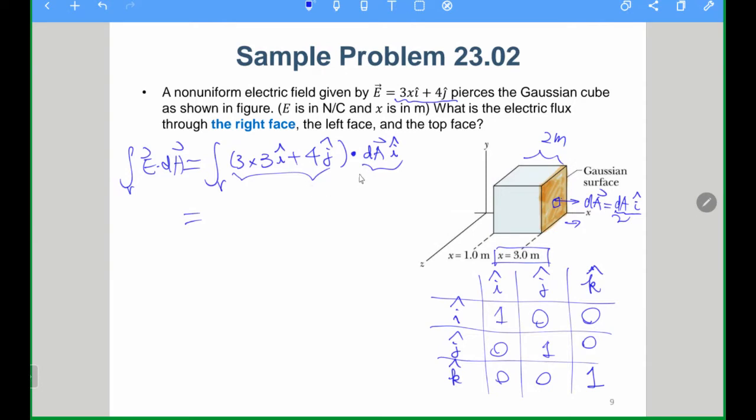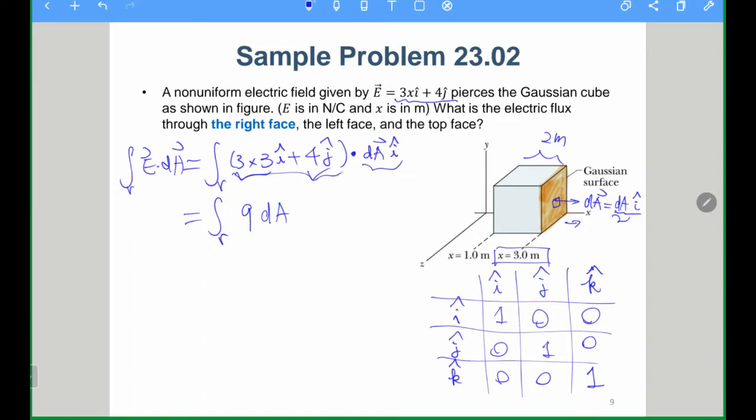So this is a dot product, and you can distribute. This is i dot i, so we have 3 times 3 is 9, and i dot i will be 1. So we have dA for the right face. And then j dot i hat will be 0, so we don't get this part.